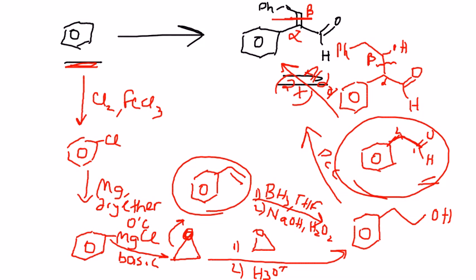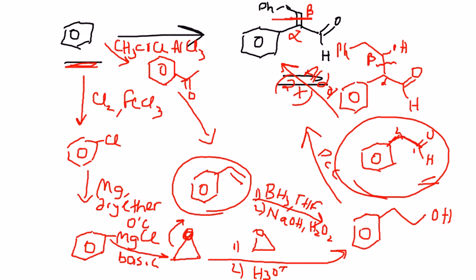The question is, how can you get that going? Well, you can treat that with CH3COCl with AlCl3. So that will give you, through a Friedel-Crafts acylation, the ketone.